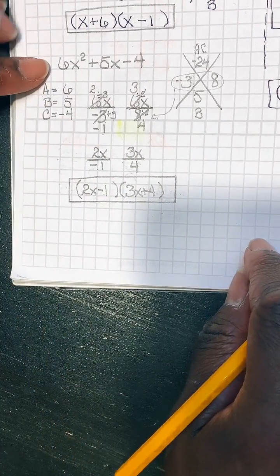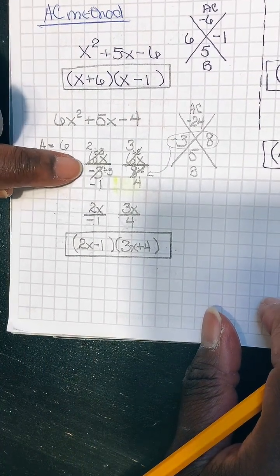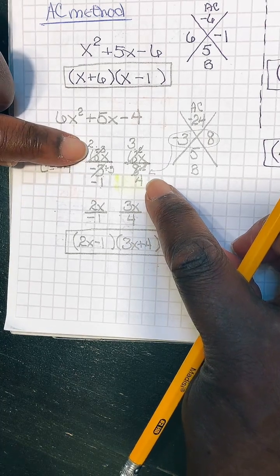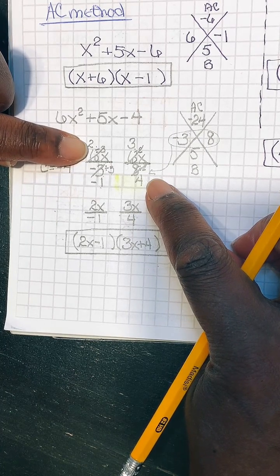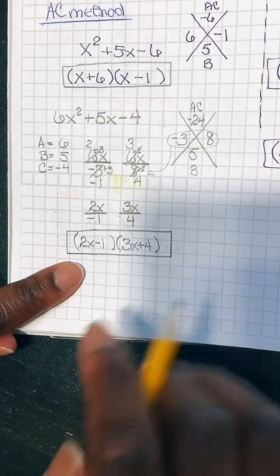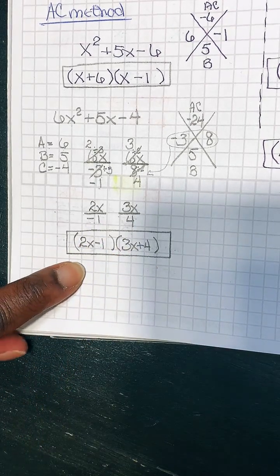So when a is not equal to 1, you just have to do this extra step. Sometimes you don't have to reduce both fractions. Sometimes you just have to reduce one. Okay? Once you reduce them, then you can write each fraction as its own parenthesis.